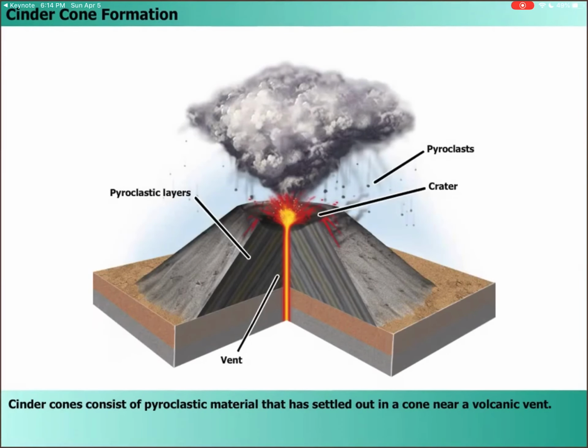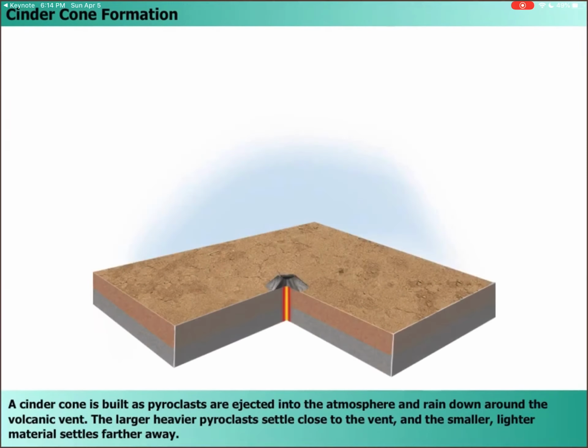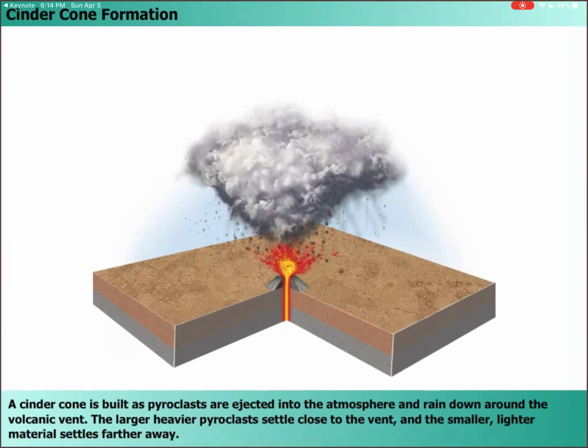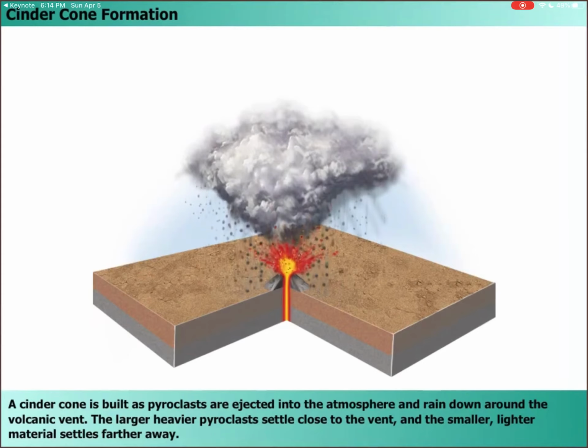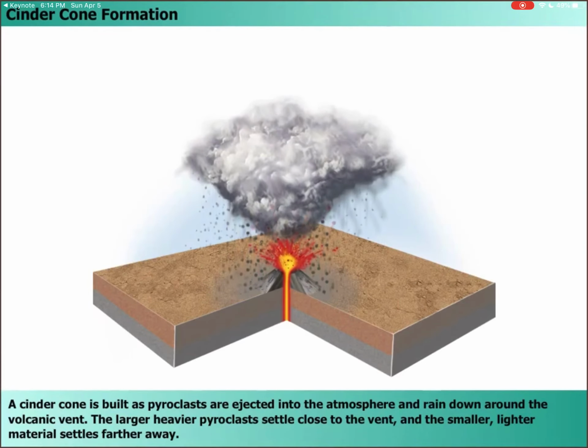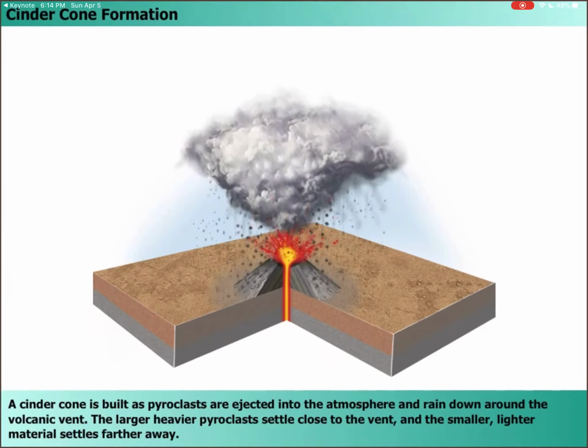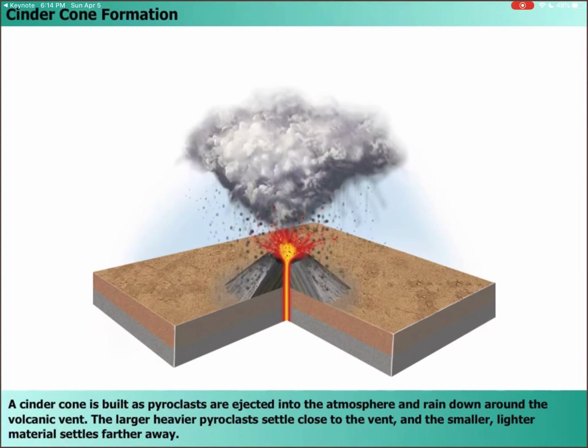Cinder cones consist of pyroclastic material that has settled out in a cone near a volcanic vent. A cinder cone is built as pyroclasts are ejected into the atmosphere. The larger, heavier pyroclasts settle close to the vent, and the smaller, lighter material settles farther away.